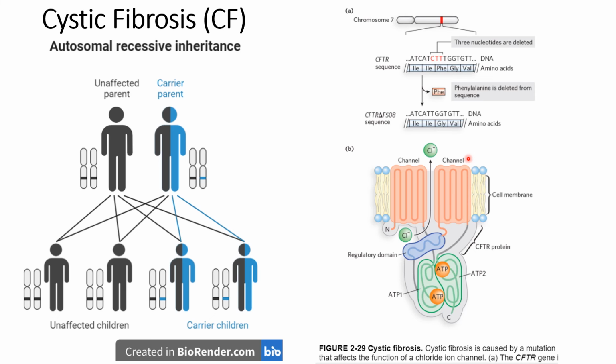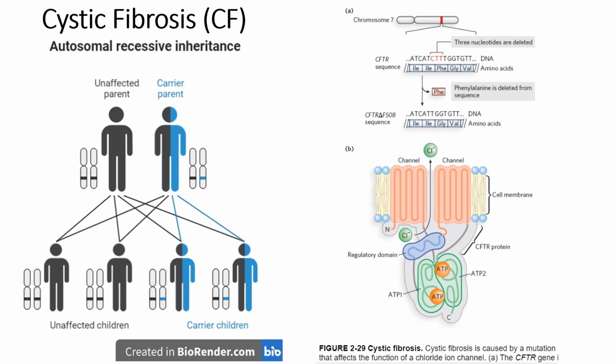But when you inherit two mutated alleles in the same region, these ion channels become very ineffective, and it will result in a lot of mucus building up inside the body. It could even get to a point where your lungs would have to be removed and replaced with a donor's for you to survive, because otherwise you will have difficulty breathing.